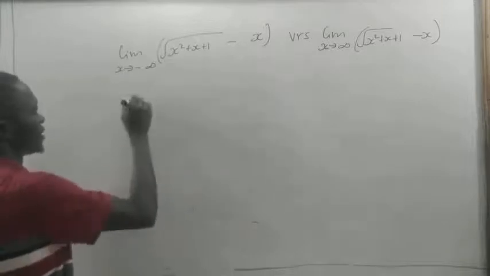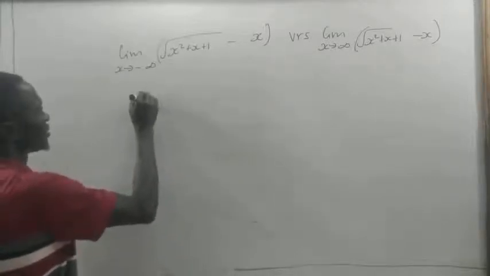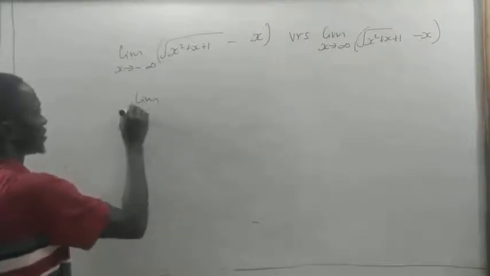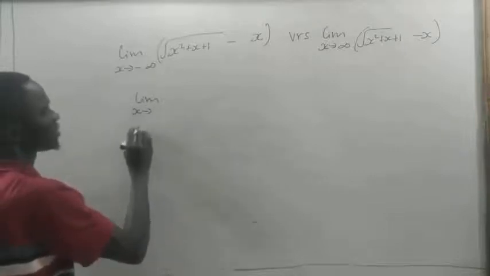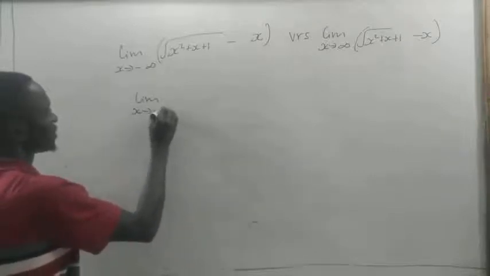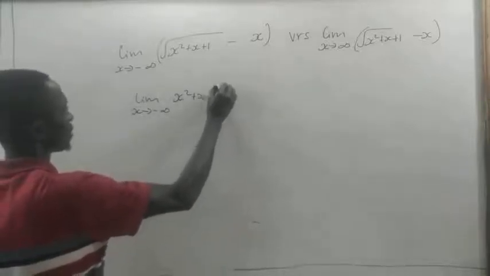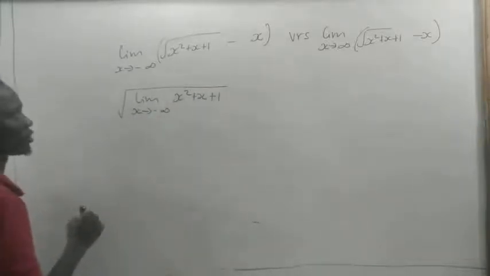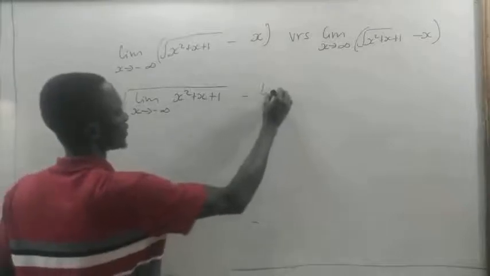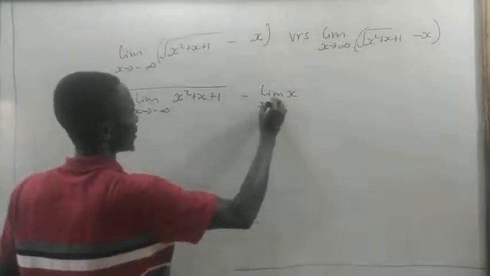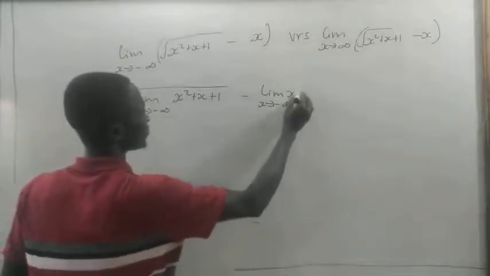The limit of this, if we take the limit as x approaches negative infinity, of the square root of x squared plus x plus 1, minus the limit of x as x approaches negative infinity.